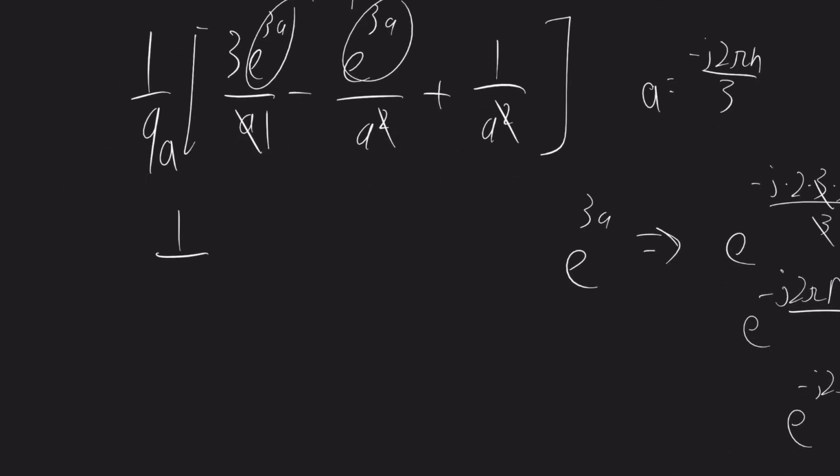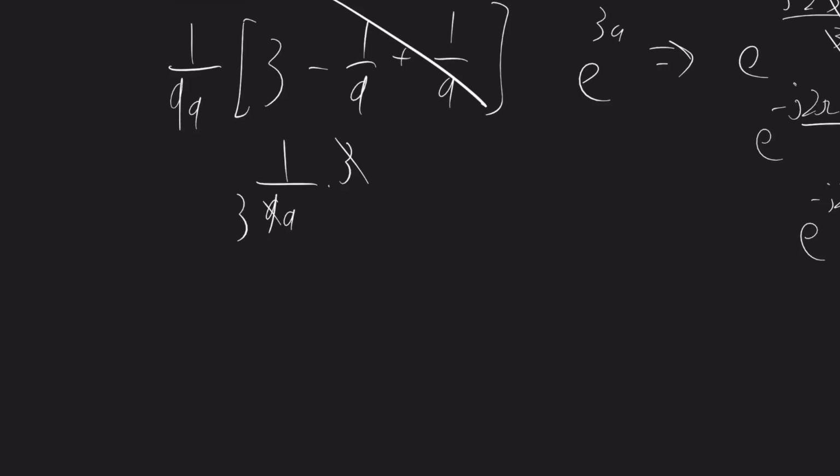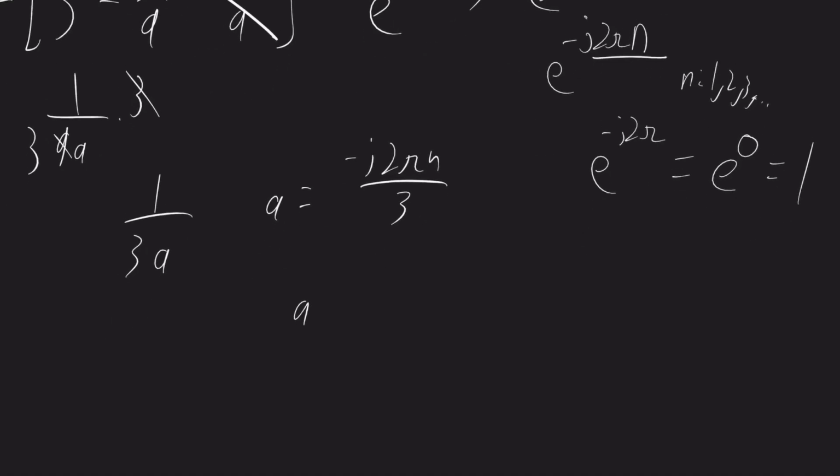So it'll be 1 over 9 times a times 3 minus 1 over a plus 1 over a. These two terms will cancel. We'll have 1 over 9a times 3, or 1 over 3a, where a was, again, negative j times 2 pi n over 3. So the reciprocal of this will be 3 over negative j times 2 pi n.